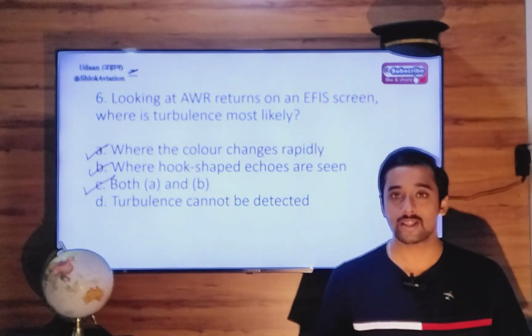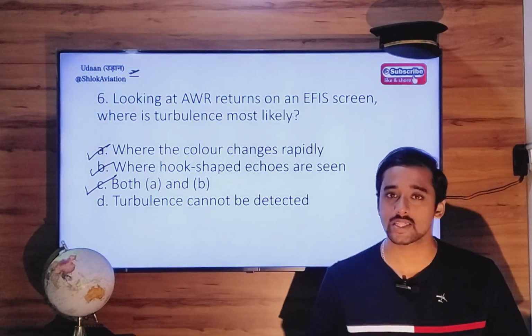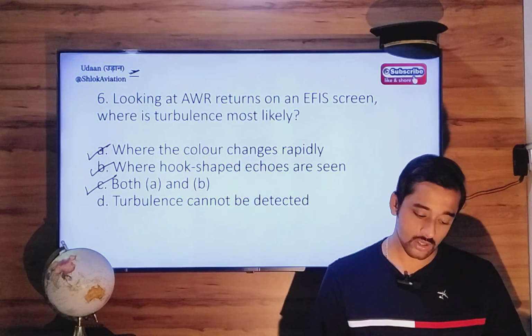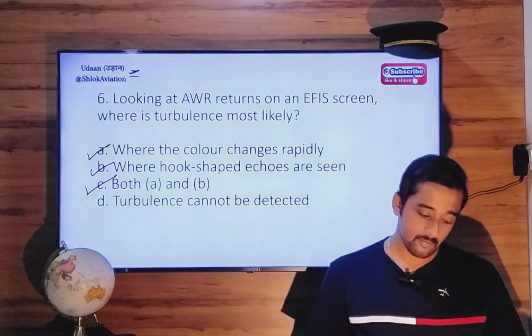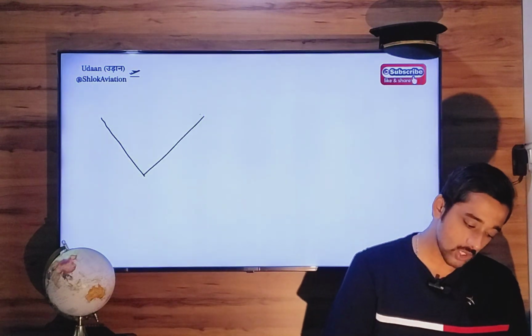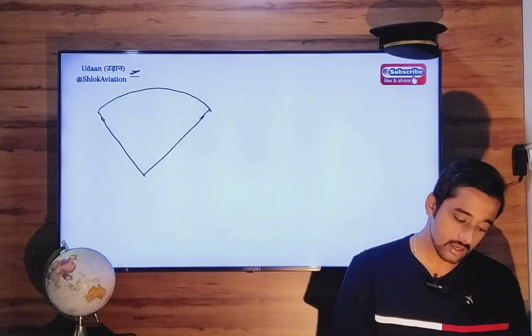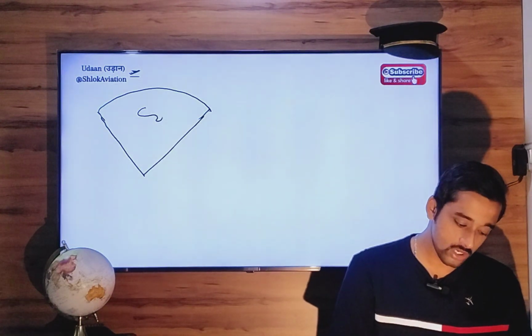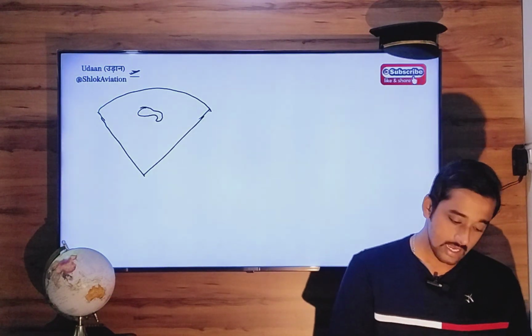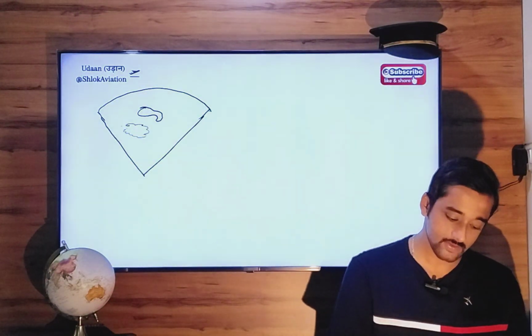A is right with respect to colors, the change in colors over a particular small distance. And Bravo tells you the shape of the returns. Many a time you will be able to spot peculiar shapes on your airborne weather radar screen. Any shape which is a hook shape like this, any shape which has rough edges like this.